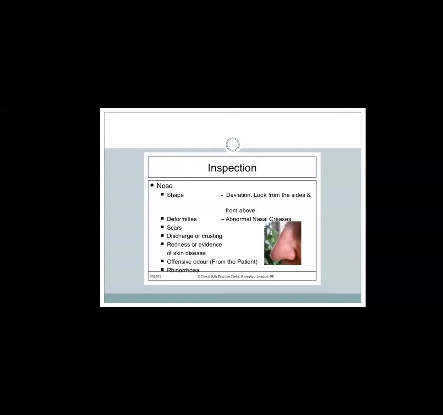The nose stands in a straight line because of the septum beneath the skin, in the center. So that gives shape and beauty to the nose. You have to look at the shape, any deformities, scars, discharge, redness, rhinorrhea, offensive odor, which we will see in detail when I talk about the nasal examination.